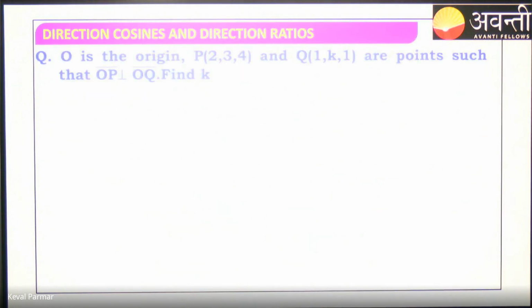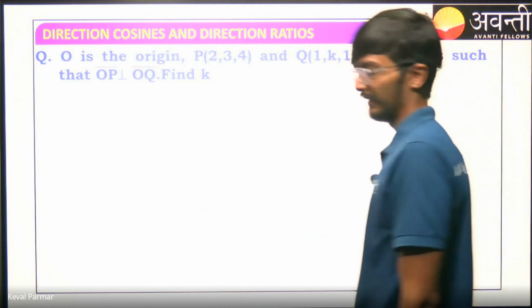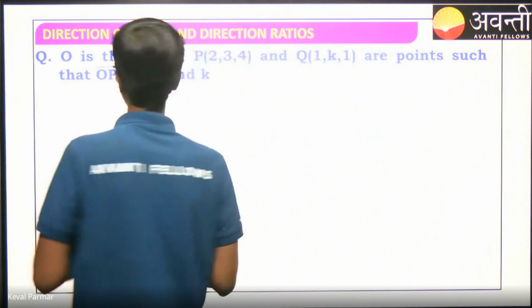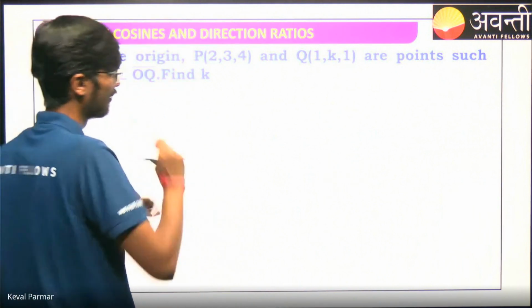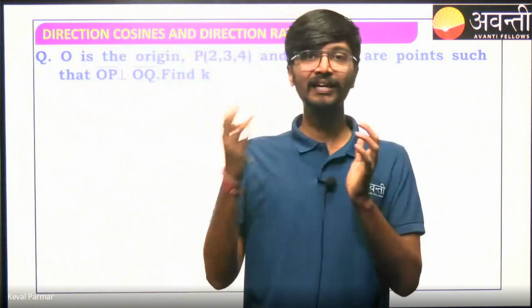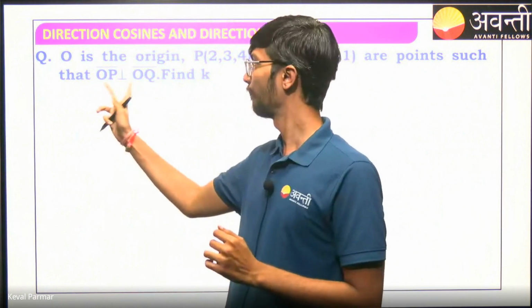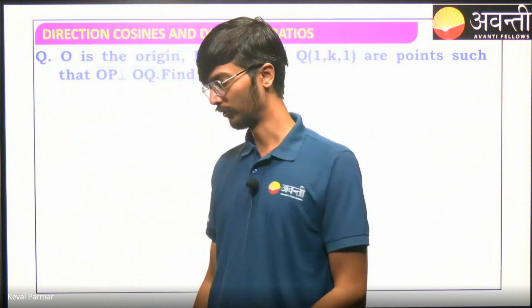Let's see next. Here I have 3 points, that is O, which is the origin, P and Q. And I've been given a condition that says OP is perpendicular to OQ.